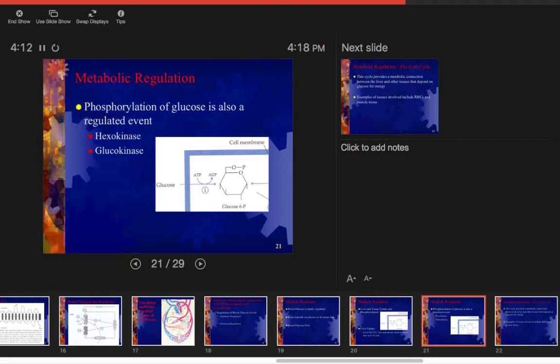We're going to say glucokinase is expressed in liver cells and beta cells. Hexokinase, pretty much everywhere else, so we'll say extrahepatic tissues.